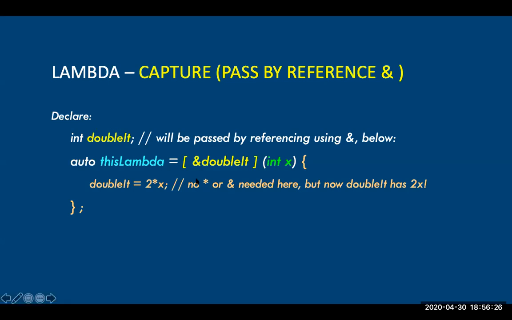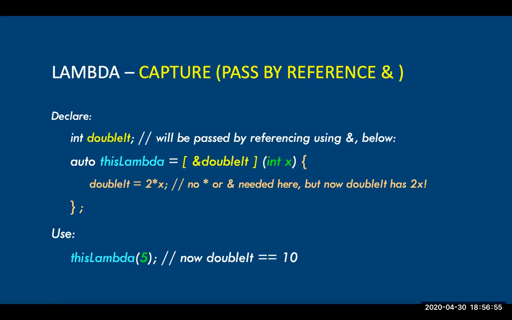So we could, for example, say doubleIt equals 2 times x. We're not returning anything here. We're just changing the value of doubleIt. And we should actually probably return some value here so we don't get a void return from this lambda. But in this case, we're actually modifying the captured value by reference. So we could just do that.